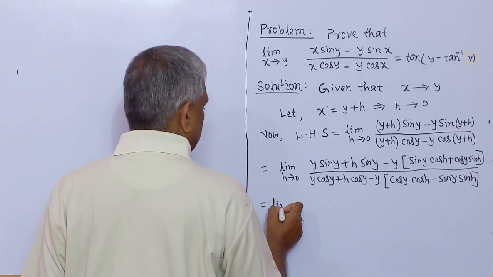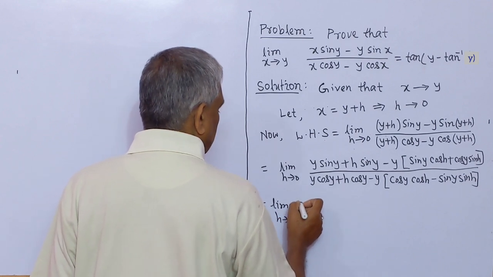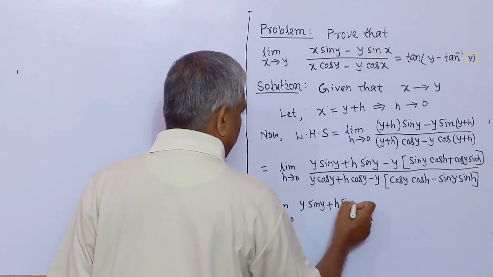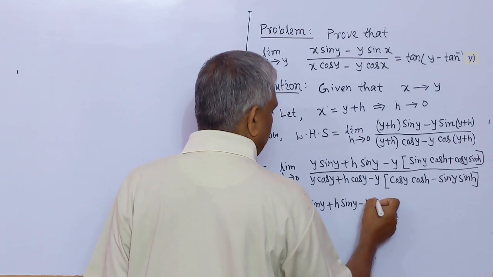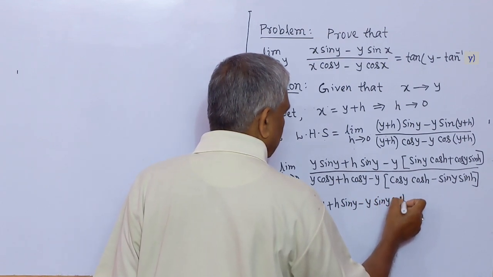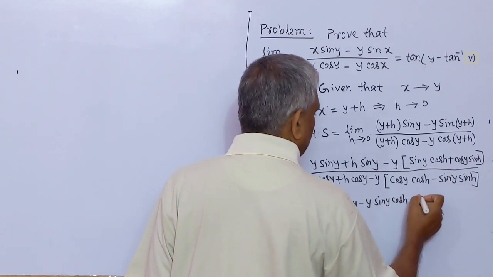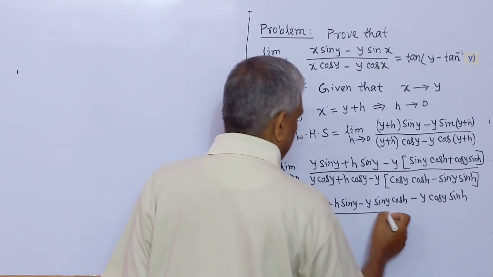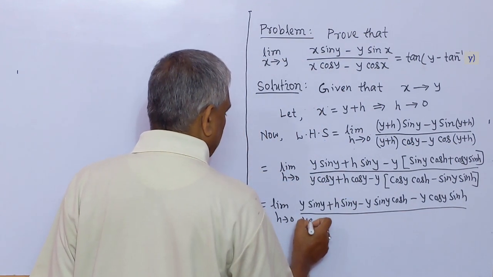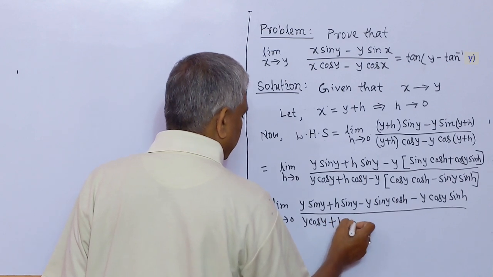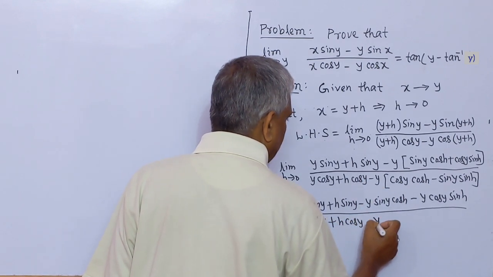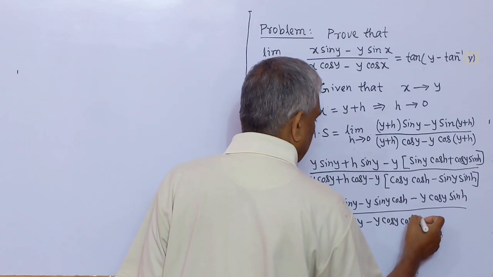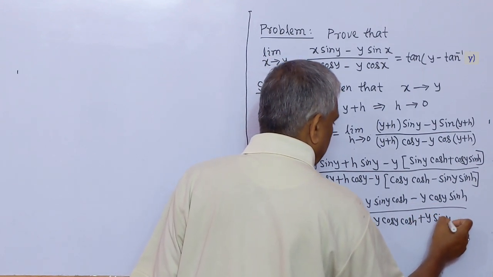This will be equal to limit h tends to 0, y sin y plus h sin y minus y sin y cos h minus y cos y sin h, by, here y cos y plus h cos y minus y cos y cos h, minus minus plus y sin y sin h.